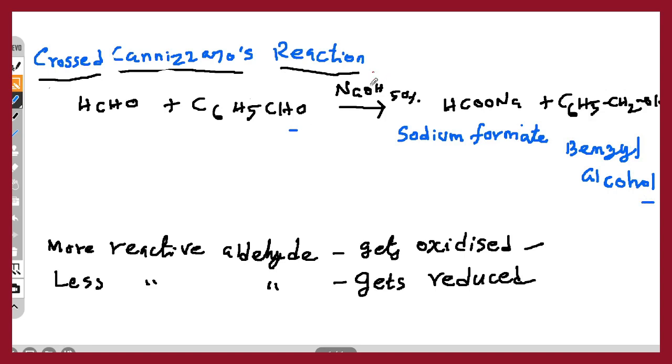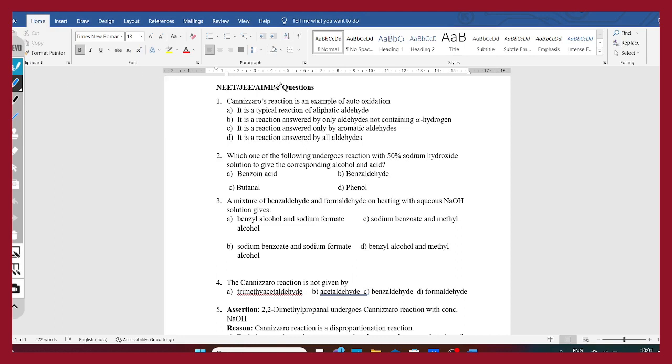So now I am going to solve some important multiple choice questions and assertion reason questions which were asked in previous exams. The Cannizzaro reaction is an example of auto-oxidation. It is a type of reaction of aliphatic aldehyde.